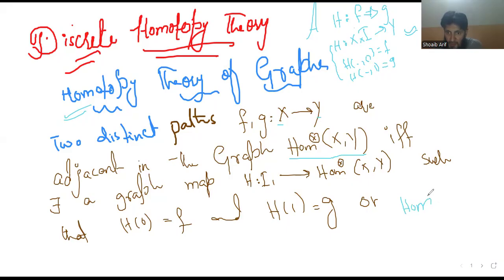Basically, Hom(X, Y) is a graph. What type of graph? Its vertices are the maps f, g from X to Y, that is, all the graph maps from X to Y. And what are the edges? There is an edge between f and g if there is a homotopy between f and g.